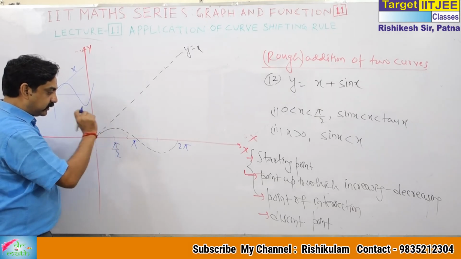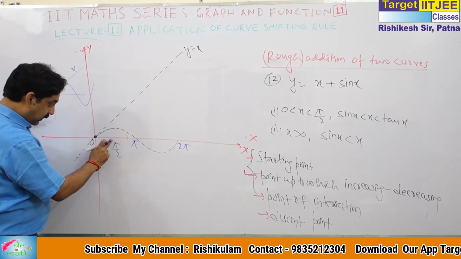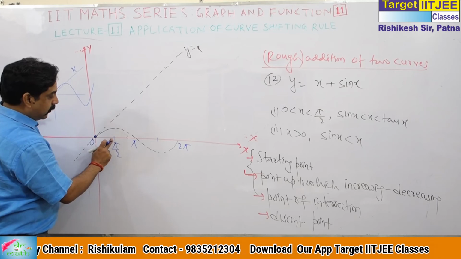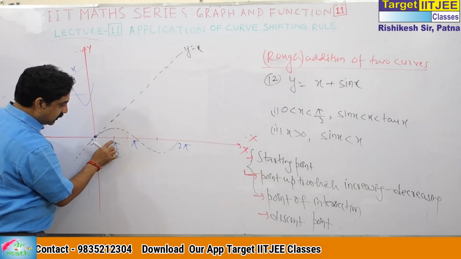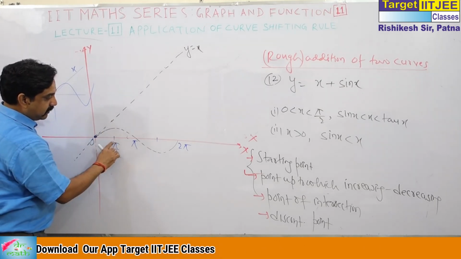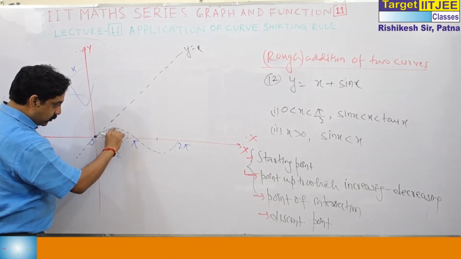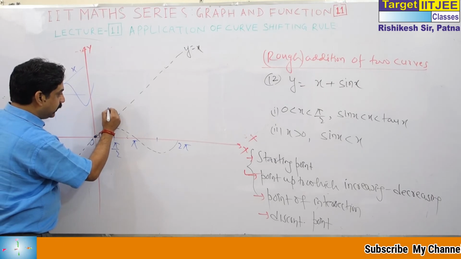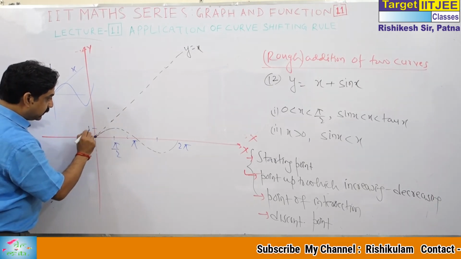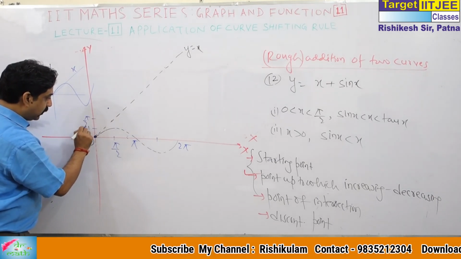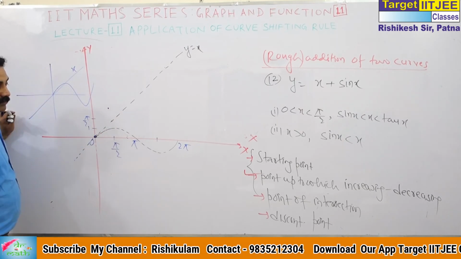At x is equal to pi by 2, y lies here, and this will lie up to this, 1 unit more, so it will go 1 unit upward.